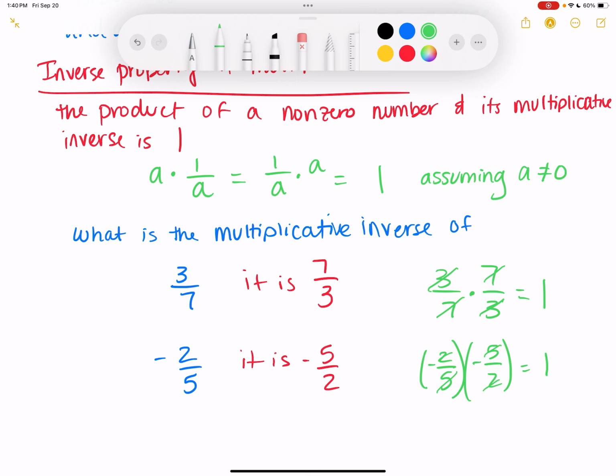So it's always going to be the same sign. If it starts positive, the multiplicative inverse has to be positive. If it starts negative, the multiplicative inverse has to be negative. Any questions about that?